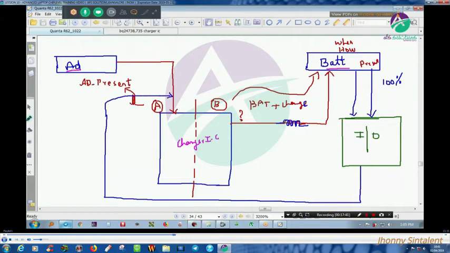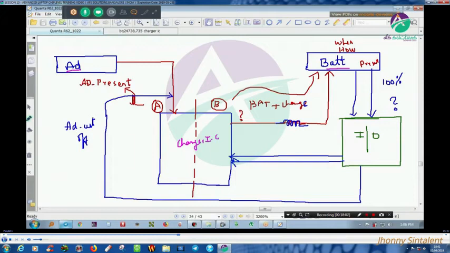This will go for an adapter cutoff message. Now, how will the IO controller come to know that the battery is 100% charged, and what is the information it is parallelly passing the charger IC to tell?